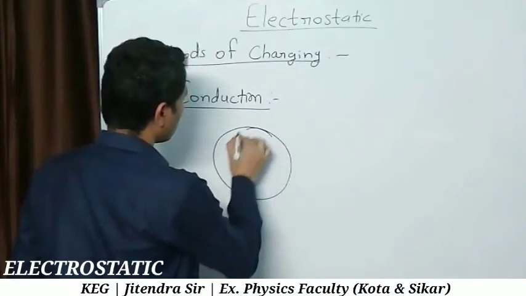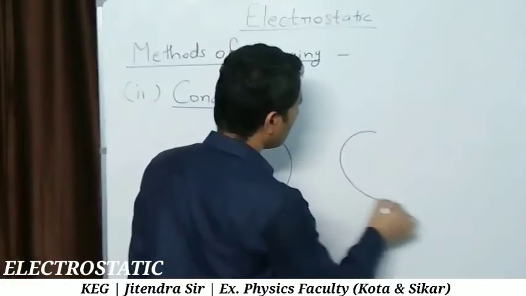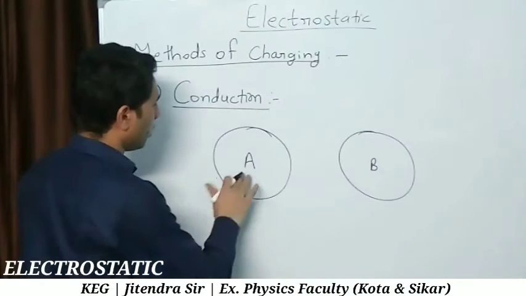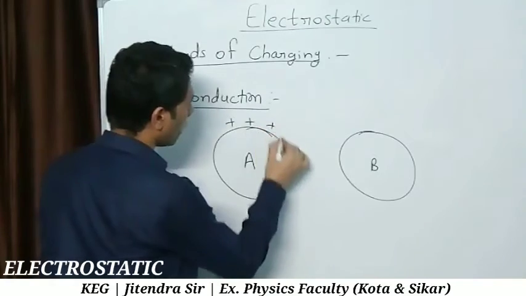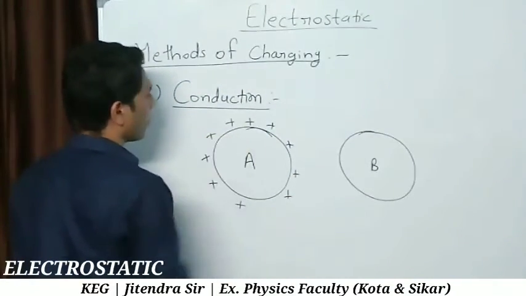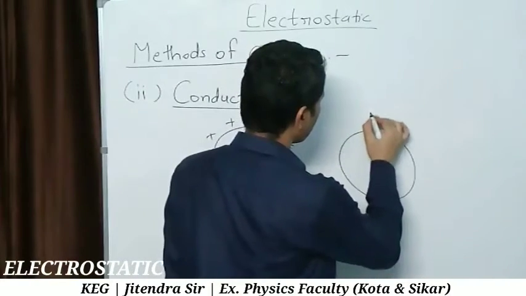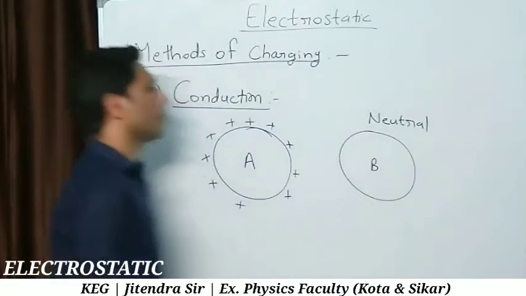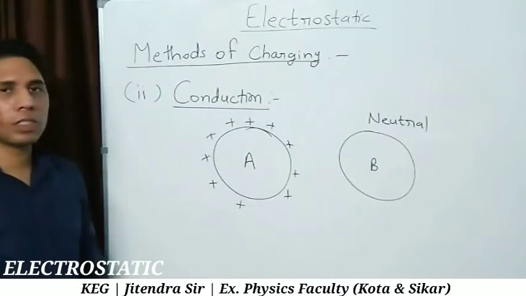Here is one body, that is A, and here is another body, that is B. On the body A, there are positive charges, and this body B is neutral. This body is neutral, okay, and this body is charged.